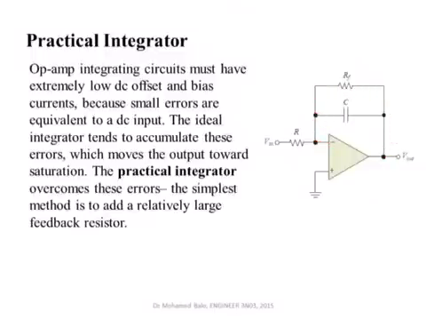This feedback guarantees that the feedback loop is not being broken, and this will avoid the problem of saturation, so the output is not going to saturate. So this is one practical approach. We put a very big resistance here in parallel with C. Now I will show you why this very big resistance is good in avoiding this problem.